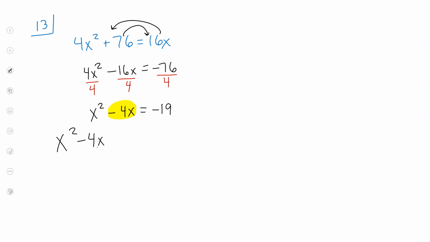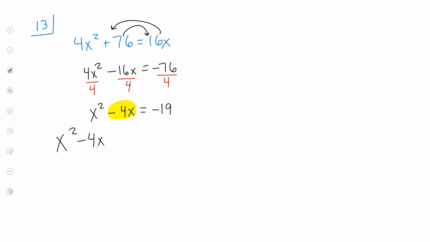It'll be x minus 2 squared. Negative 19 plus 4 is negative 15. Thank you. All right, and the most we can break down 15 would be like 3 and 5, which we can't do that. All right, so we'll just keep it like negative 15.